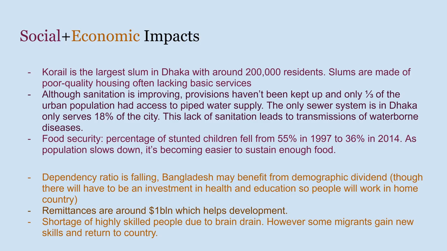Remittances are around $1 billion, which helps development. There's a shortage of highly skilled people due to brain drain, which is where people who are intelligent and capable of learning and helping in their home country instead go to different countries to study and get qualifications, and then that essentially means that Bangladesh loses on that demographic of people, the doctors, the lawyers, the stuff like that.